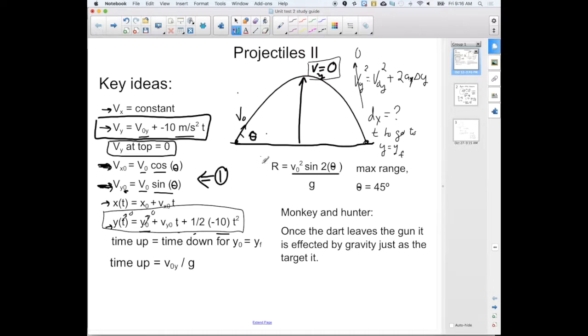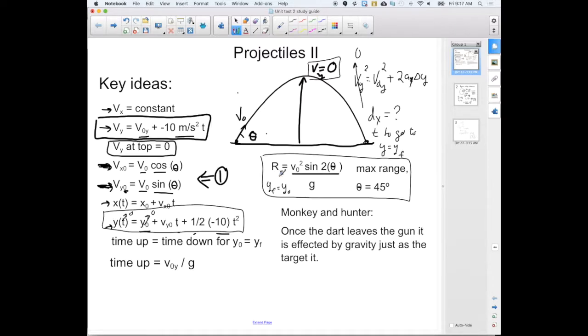This is the range equation. The range equation is useful provided y final equals y0, and it tells us the distance in the x direction that the object will go.